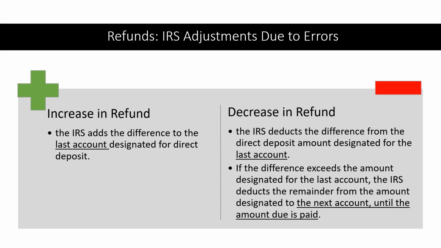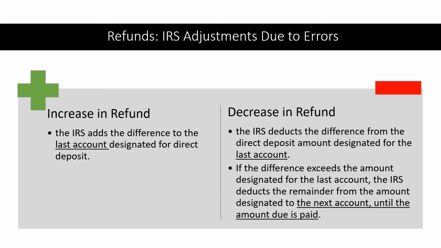It's important also to note that taxpayers have the ability to appeal these adjustments. But if the adjustment stays, that there was definitely something that was missed or a mistake, then the IRS makes the adjustment to the refund.